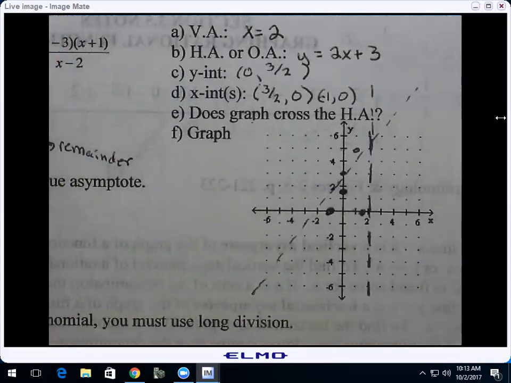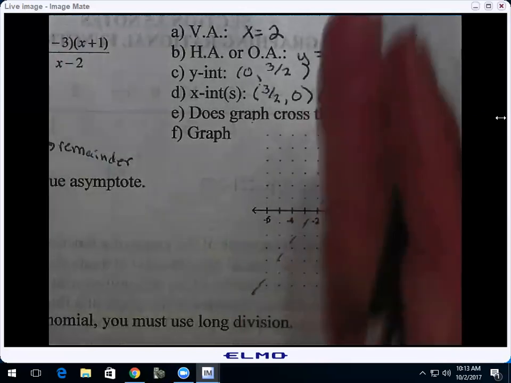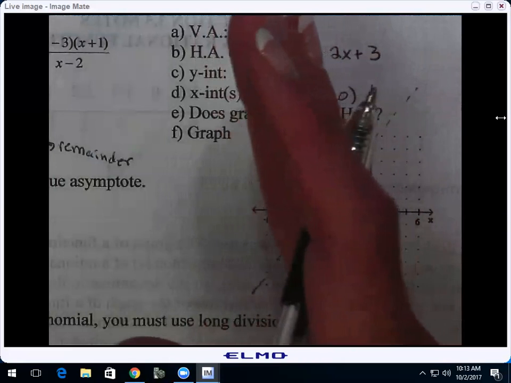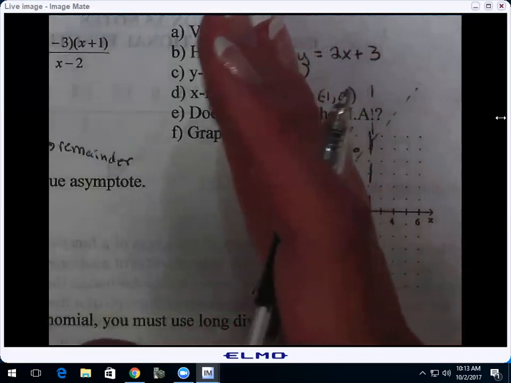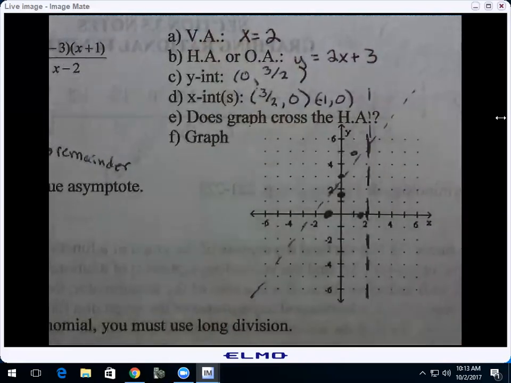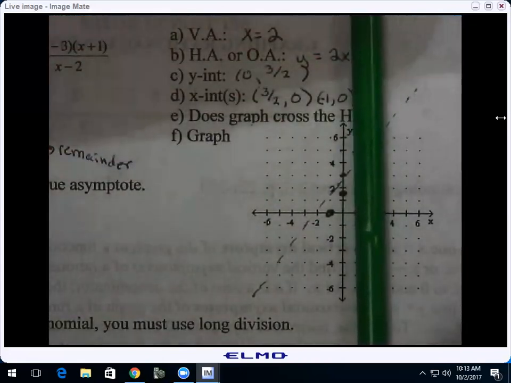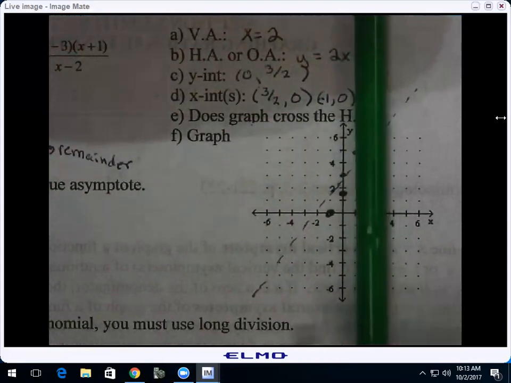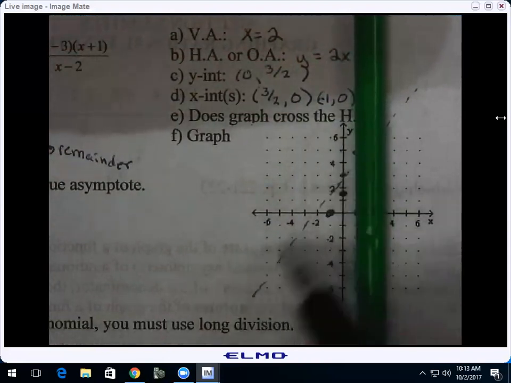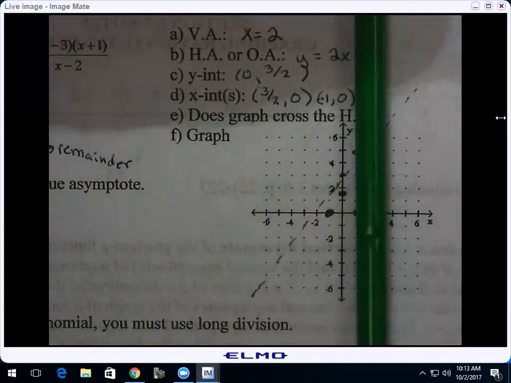Now, just like last week, I'm training my brain to see what's going on to the left of the vertical asymptote, what's going on to the right of the vertical asymptote. So I'm going to put my pen or my pencil down right here and saying to the left of that vertical asymptote, the graph can either be above the oblique or below the oblique. Do I have anything that tells me where that piece of the graph is, or do I need a test point?